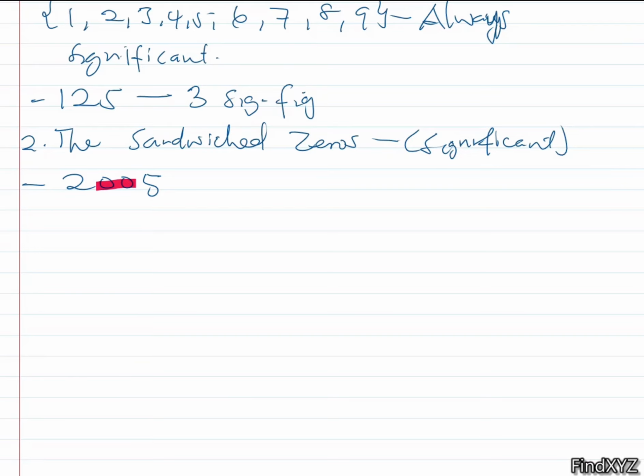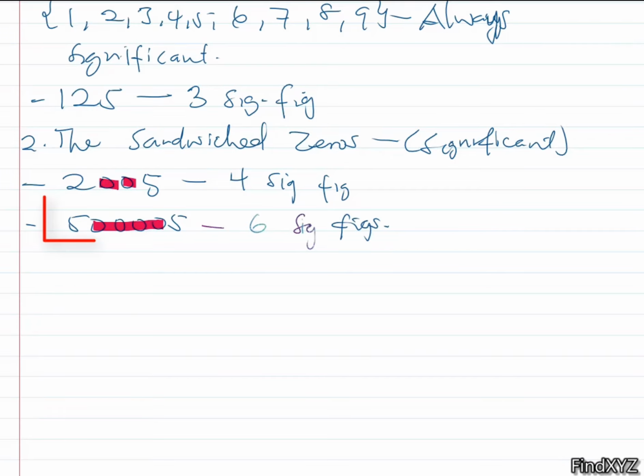We have 0 stuck in between non-zero digits. We classify them as significant. How many significant values? We have 4 significant figures. It doesn't matter the number of zeros once they are stuck in between two non-zero digits. So I can write 5000005. Then the zeros are significant. So how many significant values? We have 1, 2, 3, 4, 5, 6. So we have 6 significant figures.